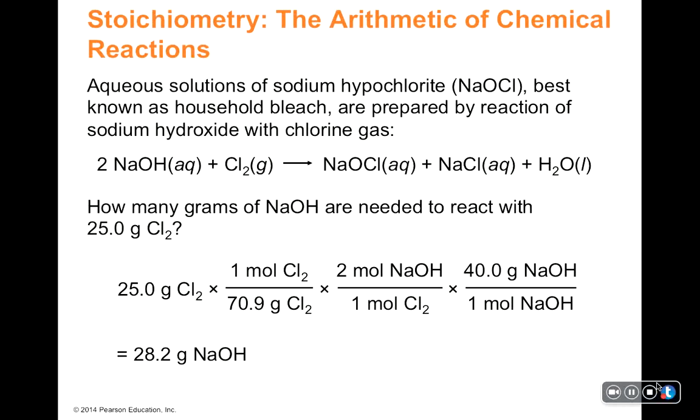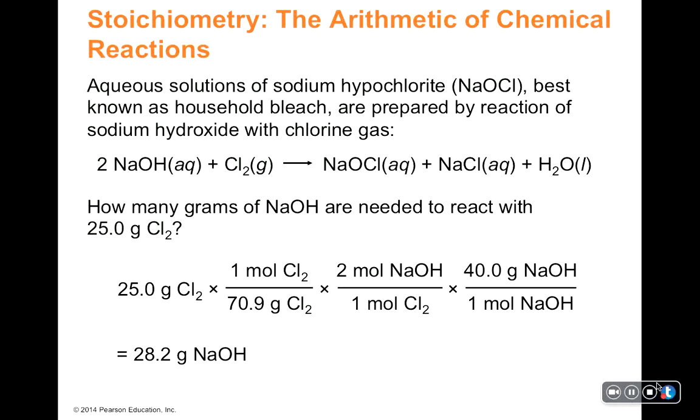So at this point, we have moles of sodium hydroxide. Now if we have moles of sodium hydroxide, we want to convert that to grams of sodium hydroxide. So we use the formula weight. And again, moles of sodium hydroxide are on the top in the middle there. So we want moles of sodium hydroxide on the bottom in the next equivalent. And so the 40 grams of sodium hydroxide, the formula weight, goes on the top.